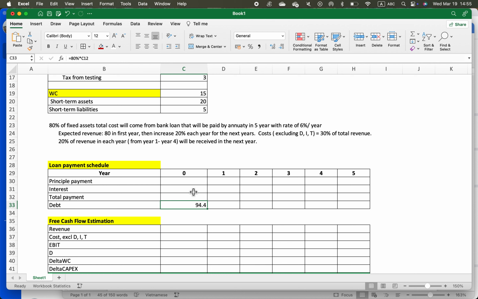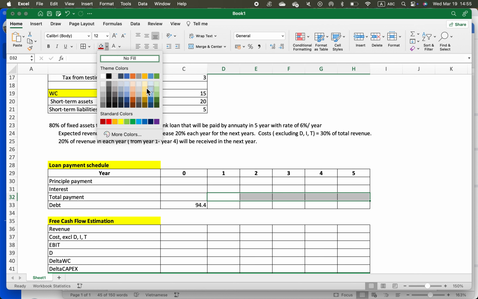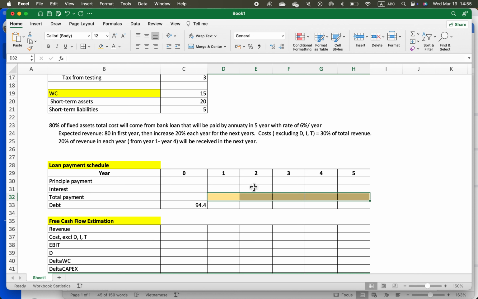So it means that if you add up principal payment with the interest payment, you get the same amount each year in here, right? So I will make it orange color in here. Every amount of payment in here is the same. So they are the same throughout the 5-year period.